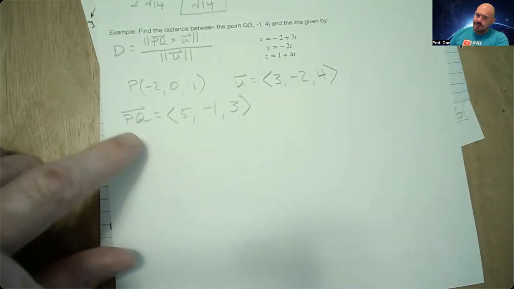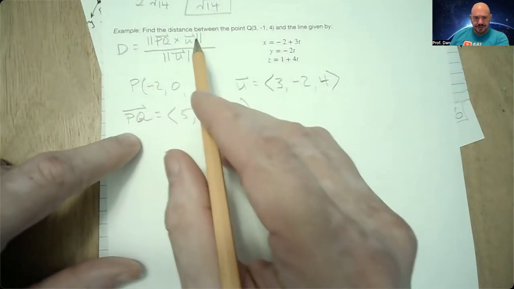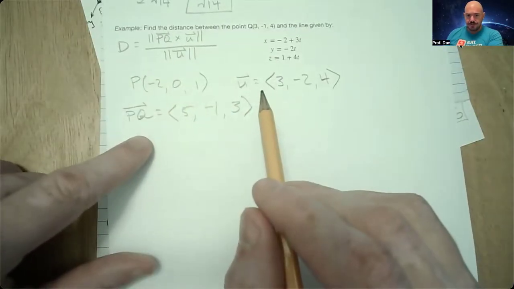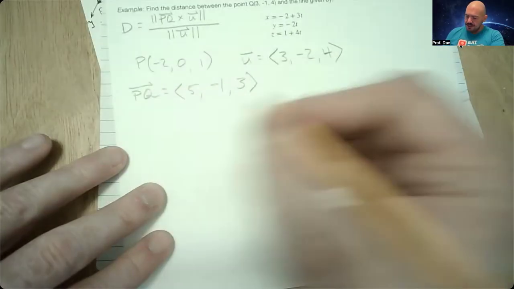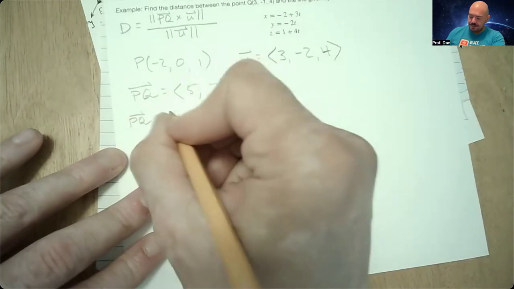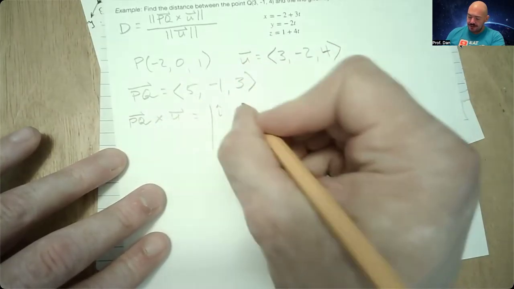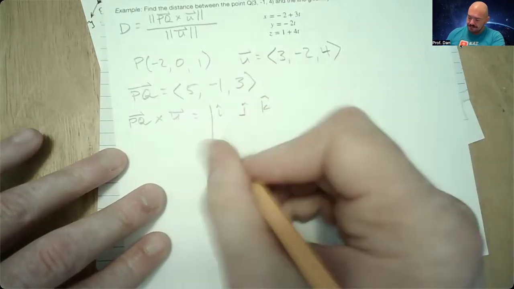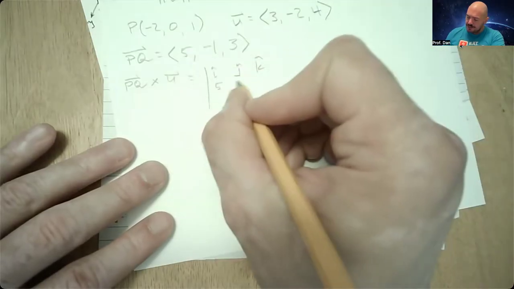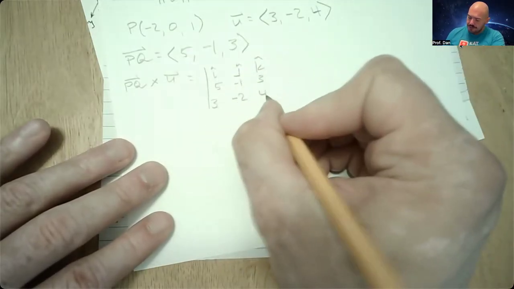So we have our vector PQ and we have our vector U. Now, the numerator of this is going to rely on us finding the cross product between PQ and U. So we're going to set it up. PQ cross U is the determinant of this matrix. So PQ goes in your second row, and U goes in the third row.